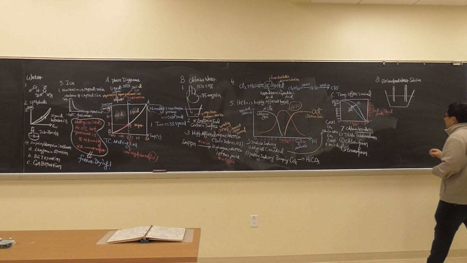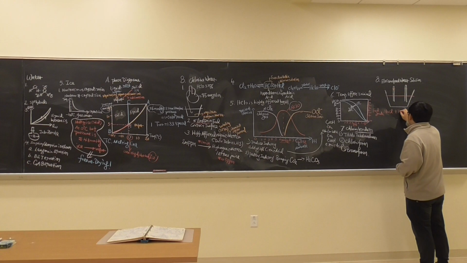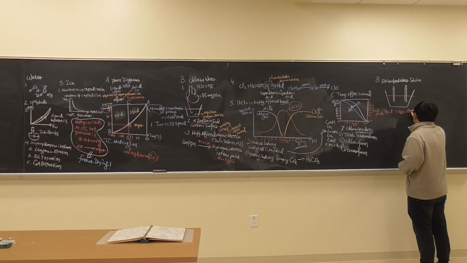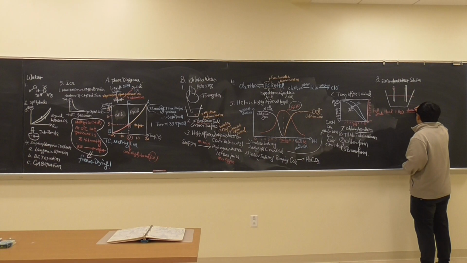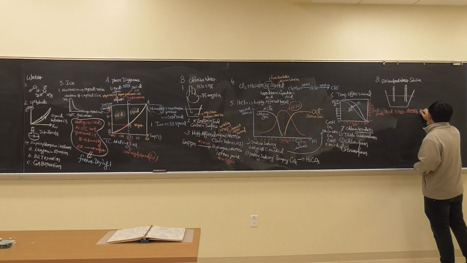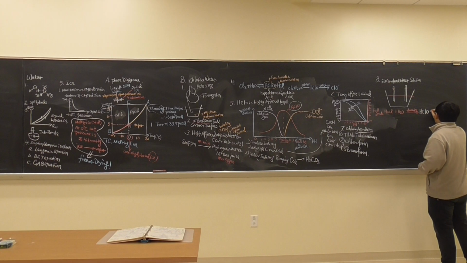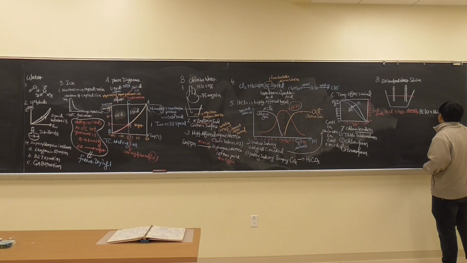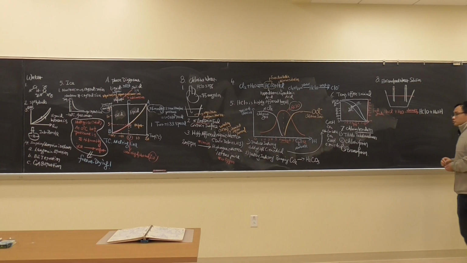So sodium chloride works with water and electricity. Then what we generate is HClO and NaOH, hypochlorous acid and sodium hydroxide.